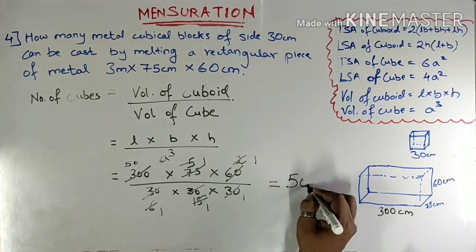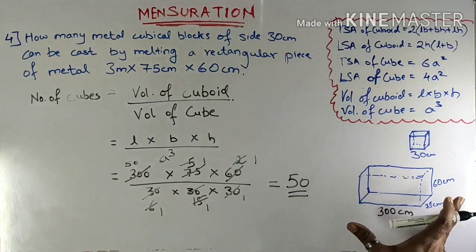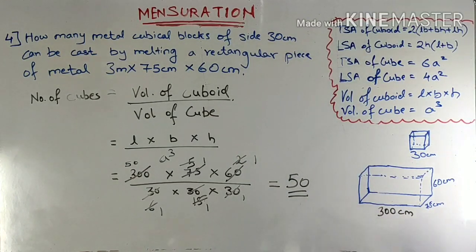So I have 50 number of cubes that have been formed from this larger cuboid. Now I showed this calculation just to let you all know that the more you practice, the easier and quicker your simplification becomes.